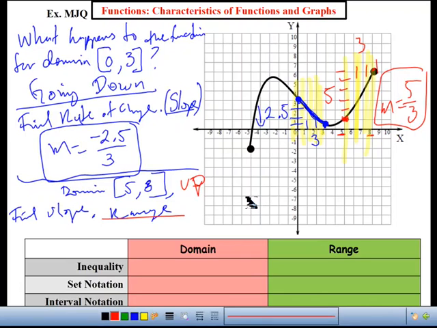Help them out, Hayden. What's the lowest value for y at this point, and what is the highest value for y? 1 and 6. That is correct. So then my range is from 1 to 6, and it includes those points, so it's bracket and bracket.